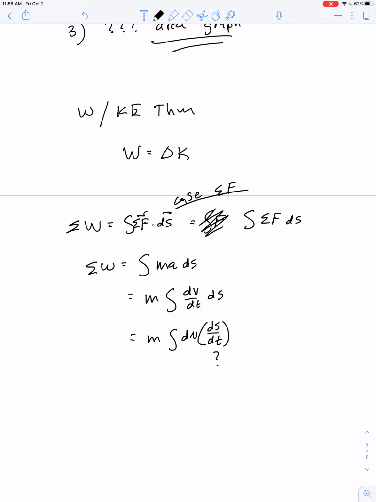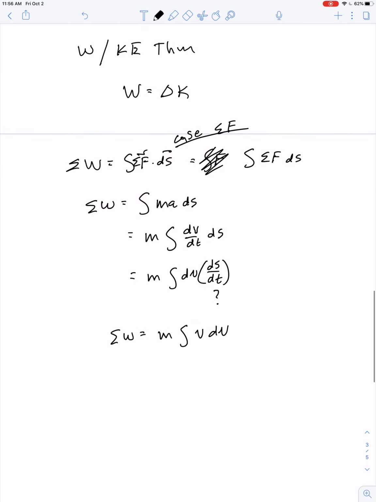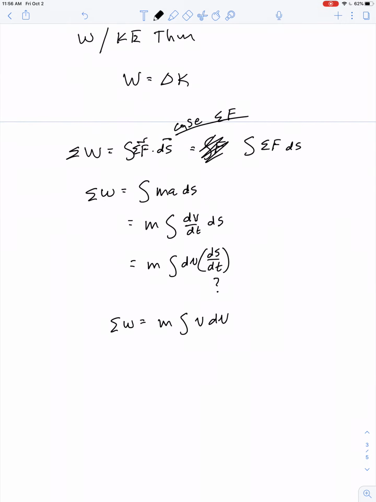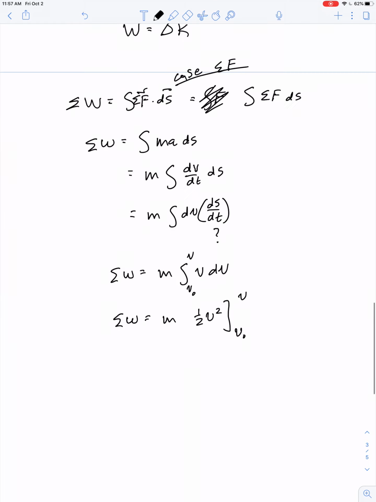But what is ds/dt? That's just velocity. So net work is equal to mass times the integral of v dv. And the integral of v dv, well, let's just integrate it from some initial velocity to some final velocity. This means net work is equal to m times 1/2 v squared, evaluated from v initial to v final.